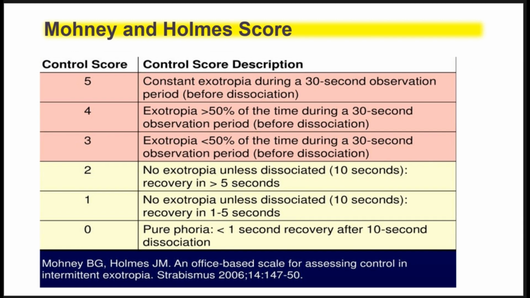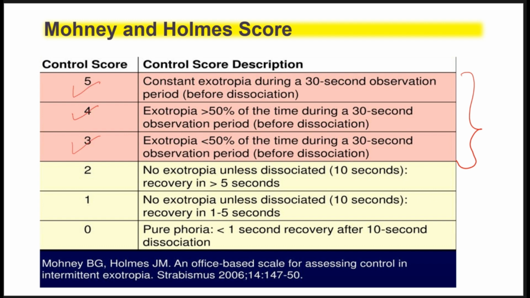Now, this score evaluates the control of intermittent exotropia based on observation of eye alignment during a 30-second period. Okay, it can range from 5 to 0. Initially, the clinician will observe the patient for 30 seconds without any intervention, right? Now, if exotropia is noted, the patient is scored 5, 4, or 3.